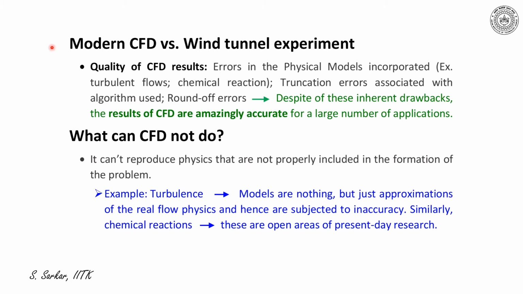What are the uncertainties? Yes, there are uncertainties and errors in CFD calculations. Errors are due to the physical models incorporated in calculations, such as in turbulent flows and in chemical reactions. There are approximations. Furthermore, in any numerical scheme, there are truncation errors associated with algorithms, round-off errors, and so on.